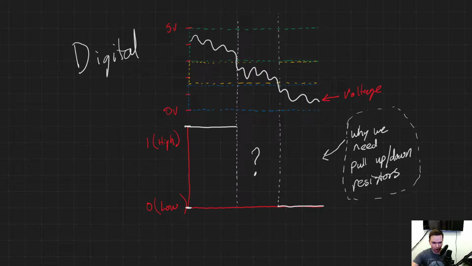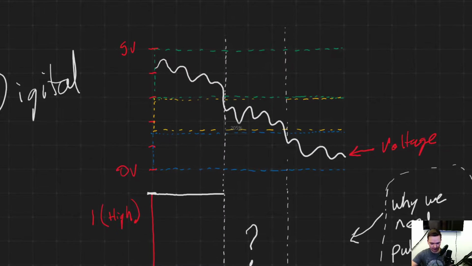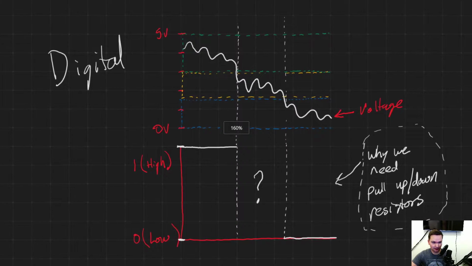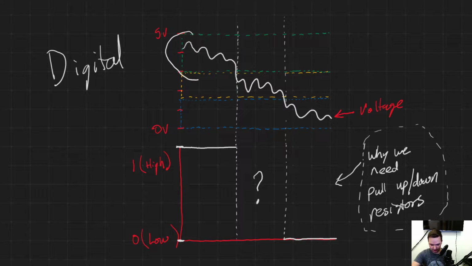So, digital signals, before we get into analog. Let's look at this little white line here. We can pretend like this white line is our voltage value. So, if we are reading a voltage value that is somewhere up here in this little box of our 5 volt range, and I believe this is 3 volts right here, so anywhere between 3 volts and 5 volts, it's going to read a high signal.